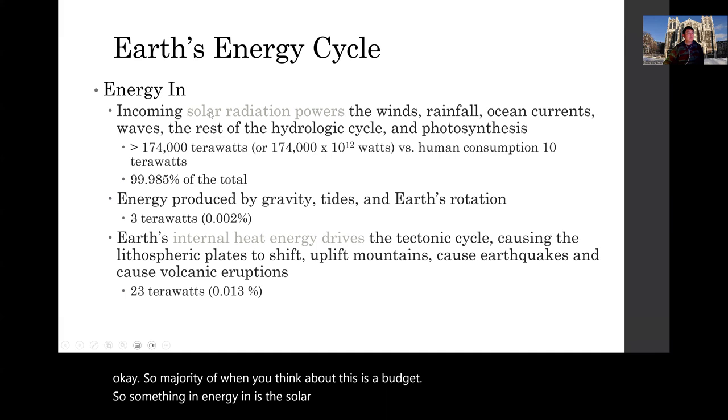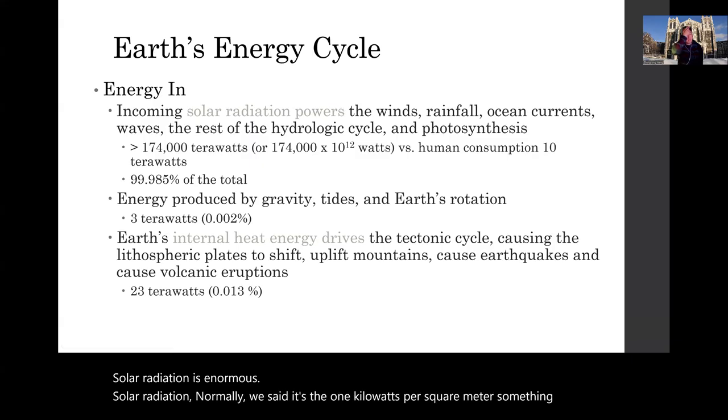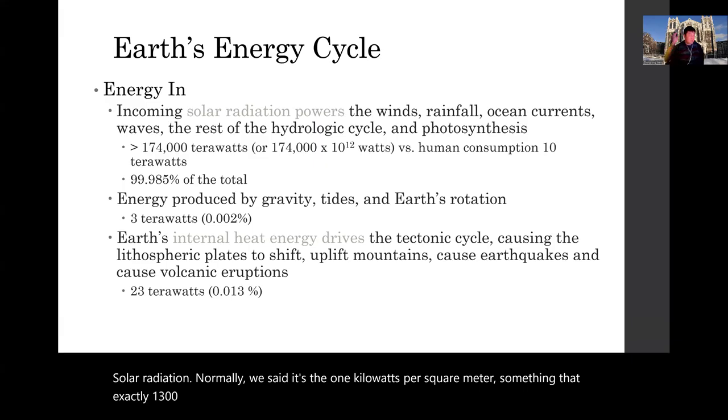Solar radiation is enormous. So solar radiation, normally we said it's 1 kilowatt per square meter, something like that. It's actually 1,300 something watts per square meter.